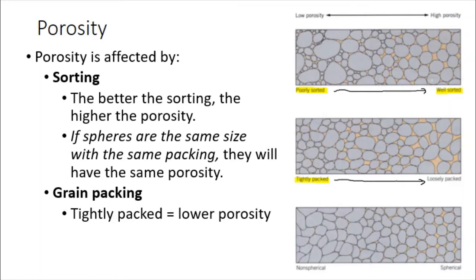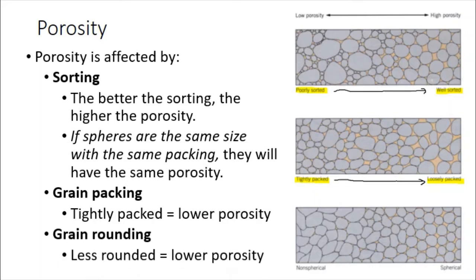So I sort of think of those vacuum bags that were all the rage for a while, where you loosely pack something in there and then you vacuum all the air out of it, and it becomes tightly packed. So loosely packed sediments are going to have more pore space, higher porosity. Tightly packed sediments are going to have lower porosity.